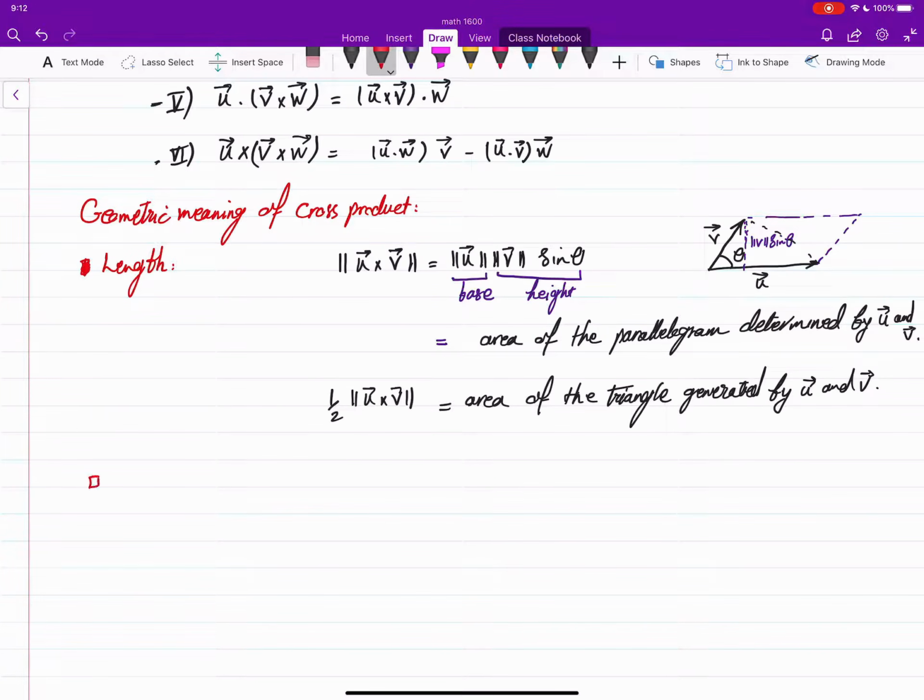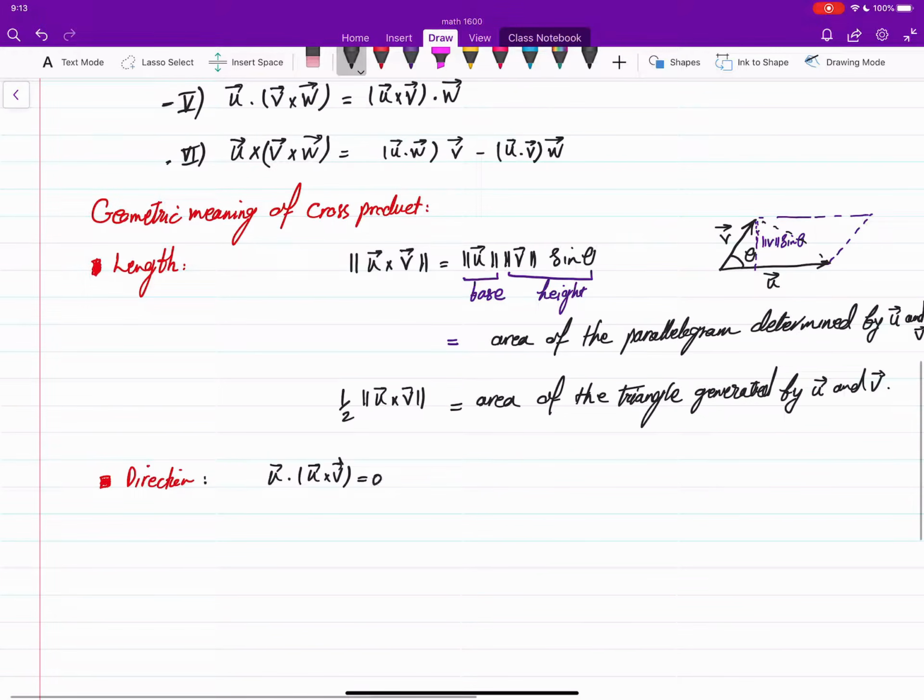How about the direction? This is coming from a very easy calculation that u dot u cross v: you find the cross product, then it's a vector, and you can find the dot of that. This is equal to 0.